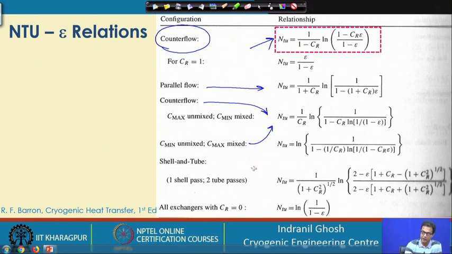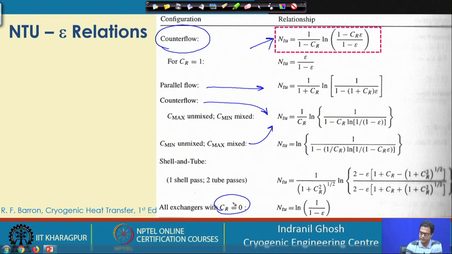We will find that there is a series of expressions for the epsilon and the NTU, and obviously the heat capacity rate ratio. For all exchangers, when CR equals 0, what does CR equals 0 mean? C min by C max equals 0 corresponds to a condensing or evaporating heat exchanger.